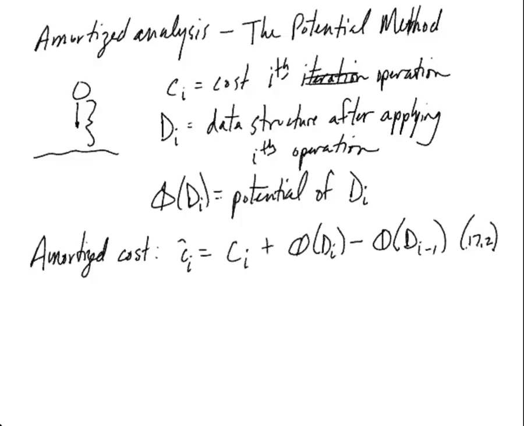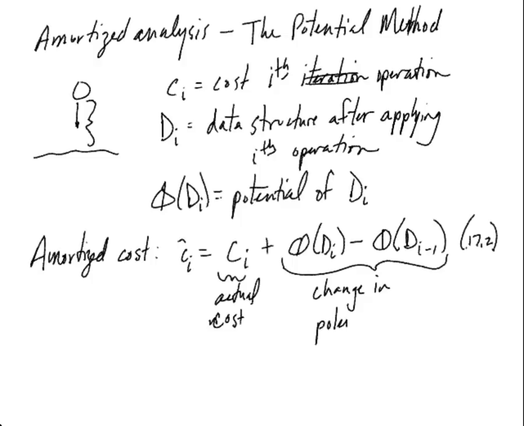Now, here we have the actual cost, as mentioned. And here we have the change in potential, right? So D sub I is the new state, and D sub I minus 1 is the original state. So how much did the potential change as a result of this operation?